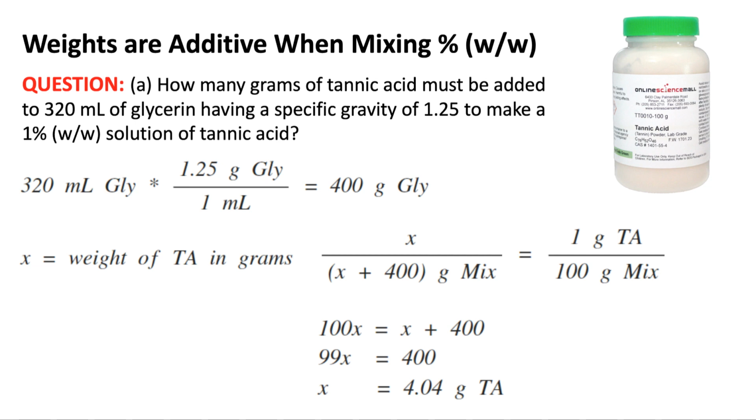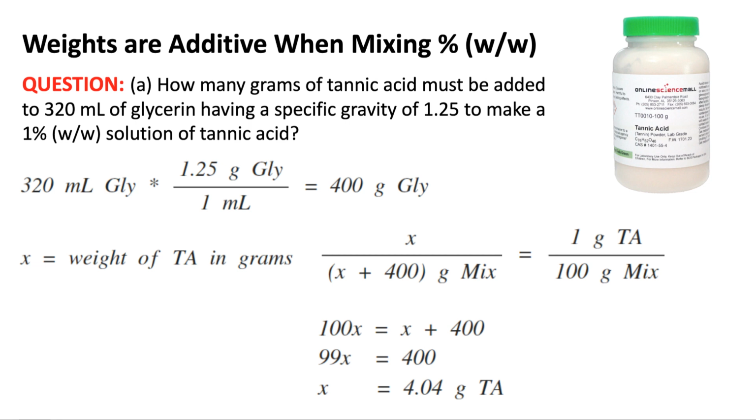We want a 1% weight per weight. So look on the far right on this equation here. This is much more straightforward. What I'm setting here, my proportion, is 1% weight per weight means 1 gram of tannic acid for every 100 grams of mixture. Okay? So that's what we want to make. So let's set that equal to, how are we going to make it?